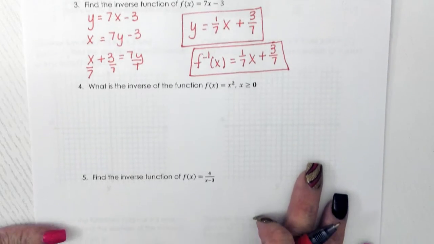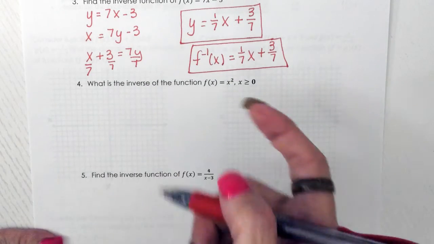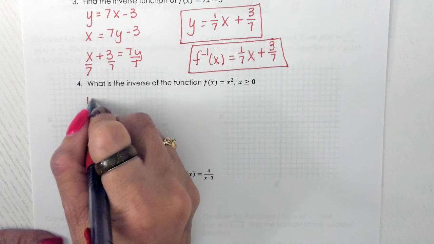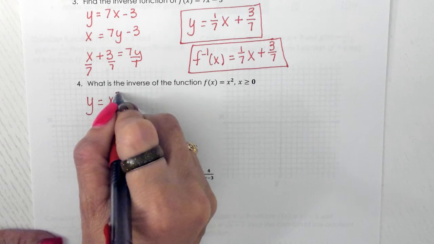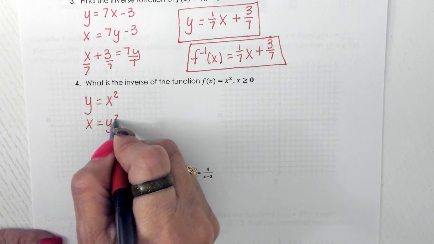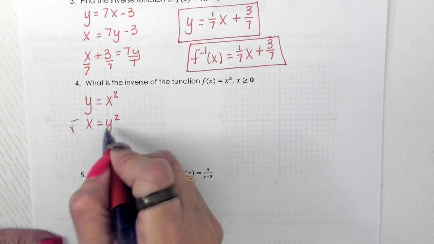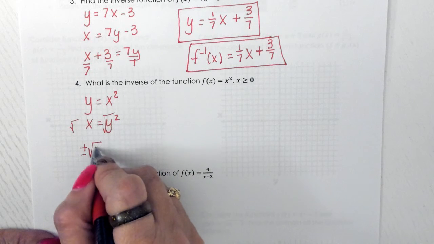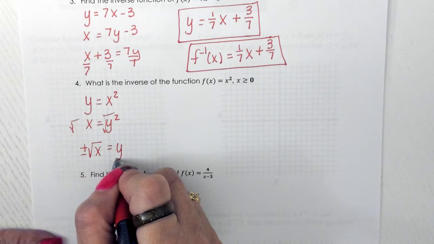What is the inverse function of f of x equals x squared where x is greater than 0? So let's do y equals x squared. Let's flip that and do x equals y squared. We'll take the square root of both sides, and that'll be plus or minus the square root of x equals y.